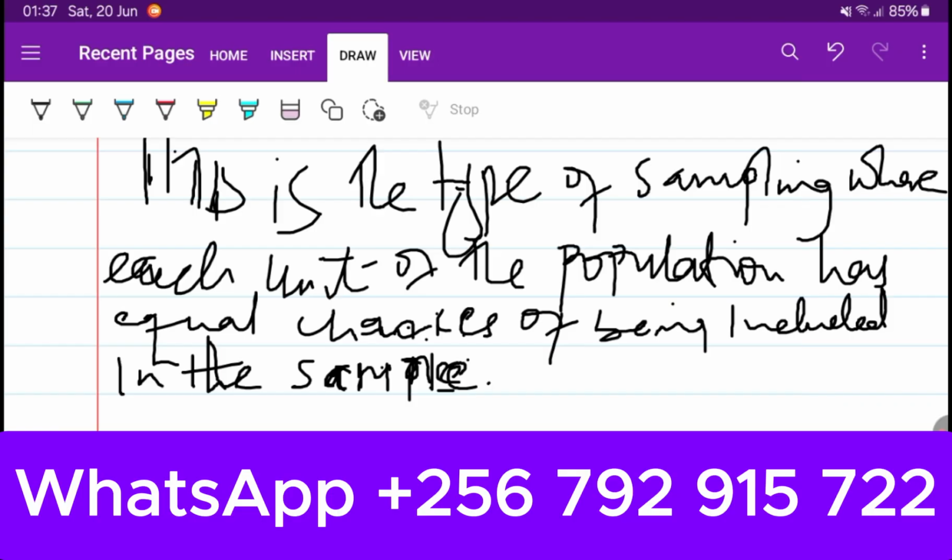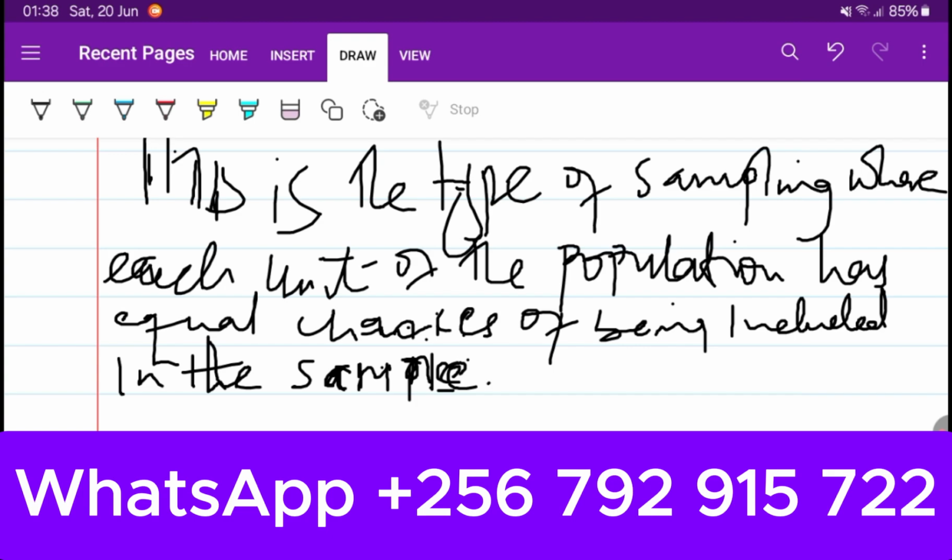If they don't call it random sampling, they call it probability sampling. In this method, each item of the population under consideration has an equal chance of being selected as part of the sample.